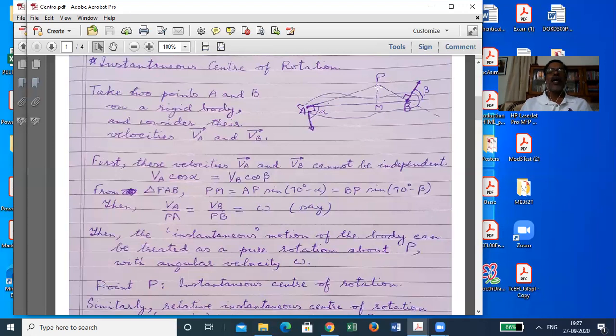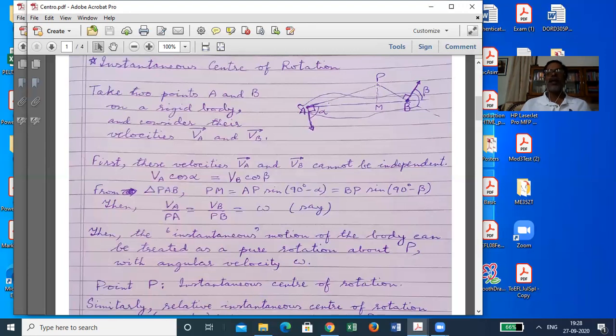And then at this instant, for this moment, we can say that the instantaneous motion of the body can be treated as a pure rotation about P with angular velocity omega. And with that, you can verify that the motion of any third, fourth, fifth point on this body will come out to be consistent.